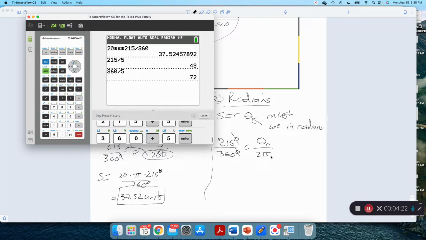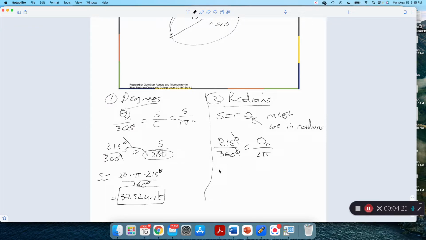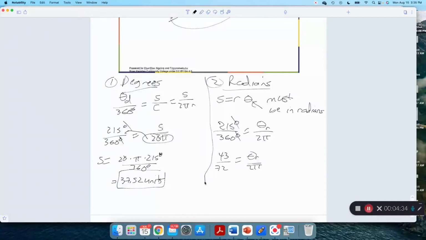I have 43 over 72 equals my angle in radians out of 2 pi. Multiply the 2 pi up, and I'll have 2 pi times 43 over 72 equals my angle. And then I could do a little canceling here. 2 goes into 72 36 times. So my angle would be 43 pi out of 36.